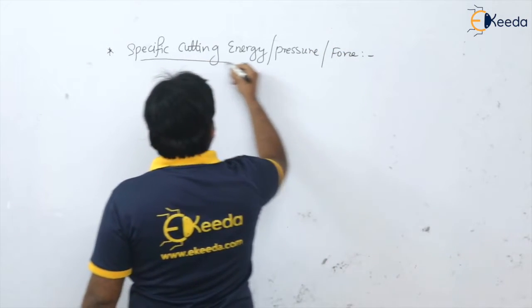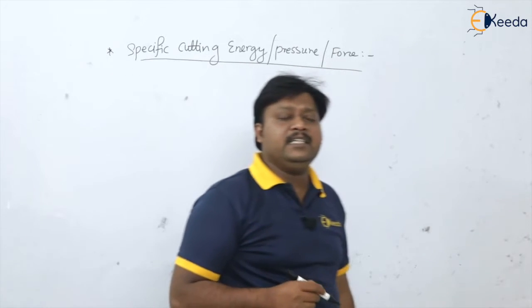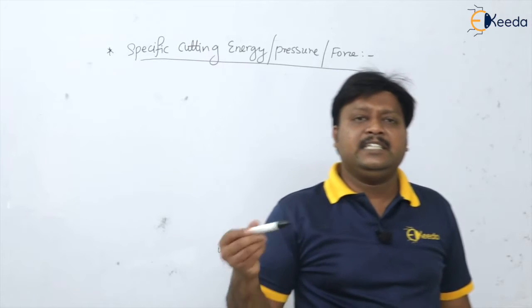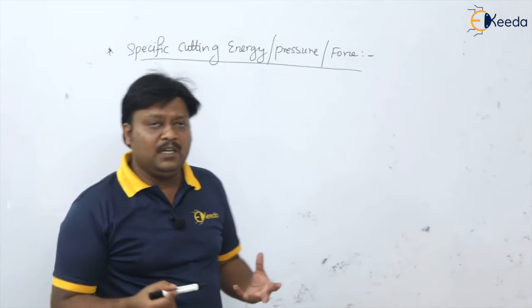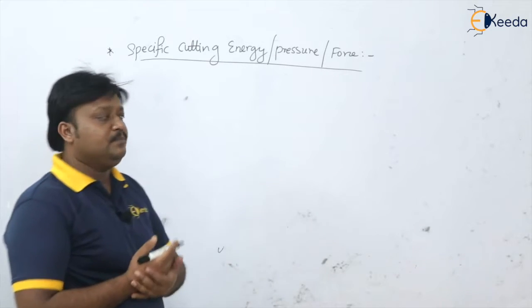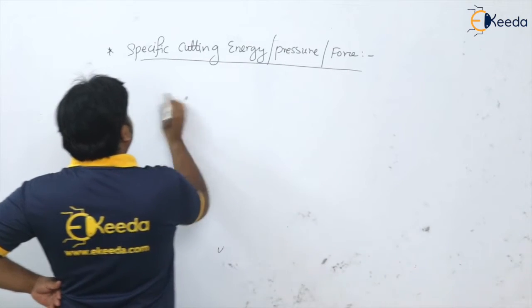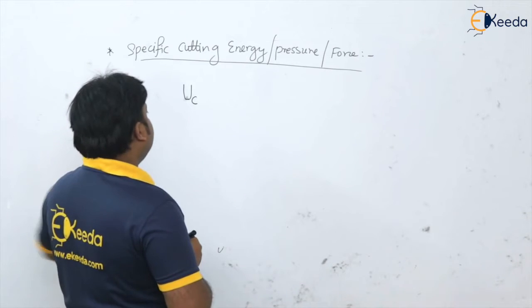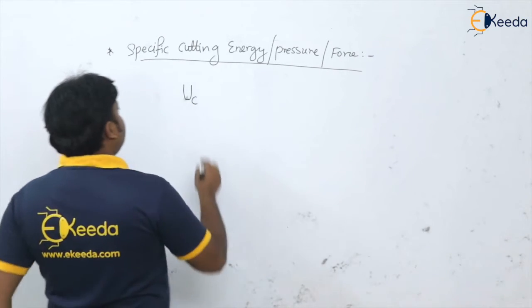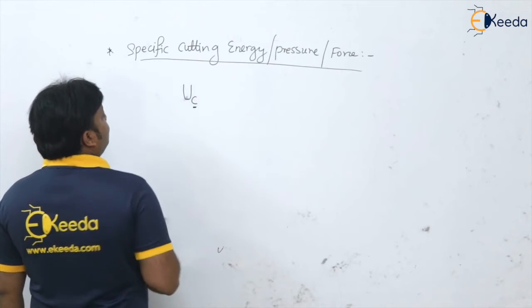What is the definition of the specific cutting energy? It is nothing but the work done in unit time divided by the material removal per unit time. Please remember it is represented by Uc. U is the specific energy and it is for cutting, so that is why it is Uc.